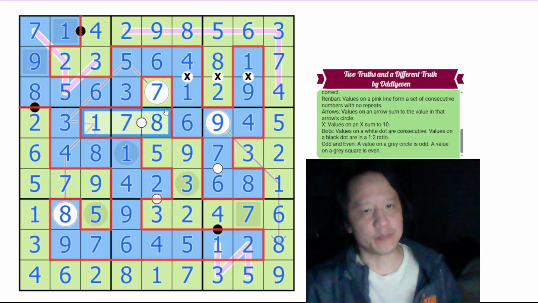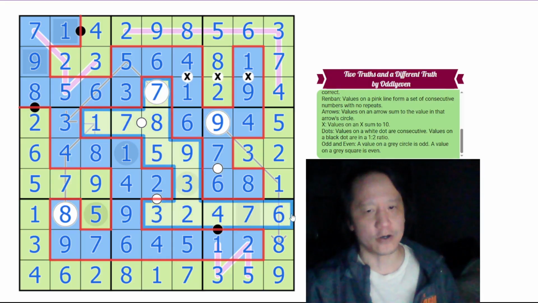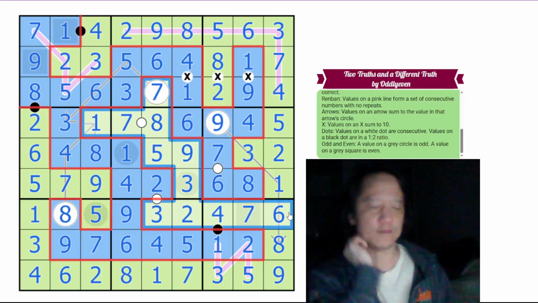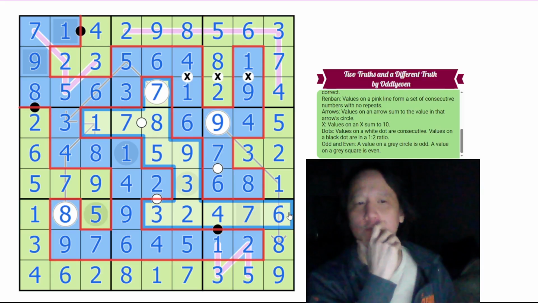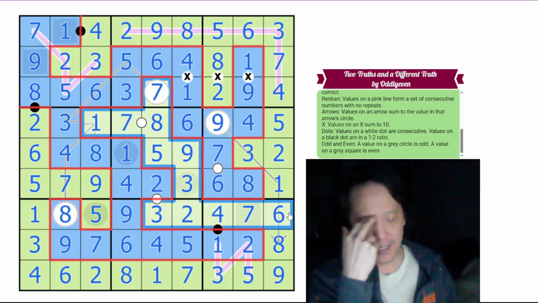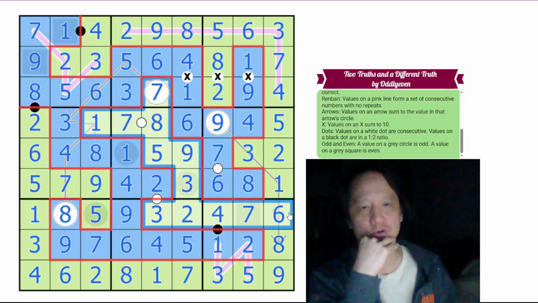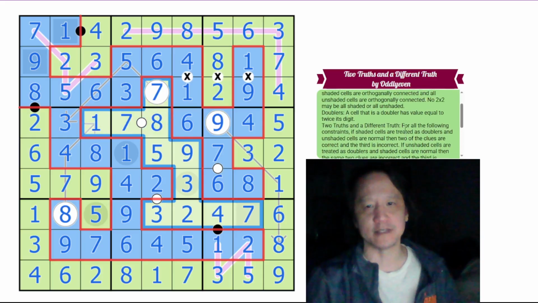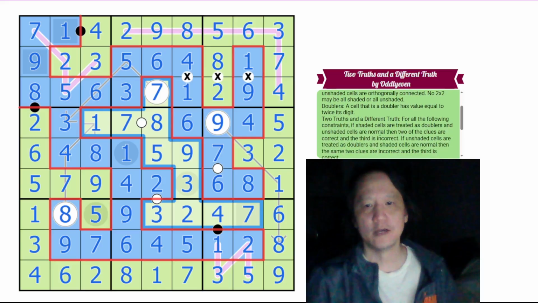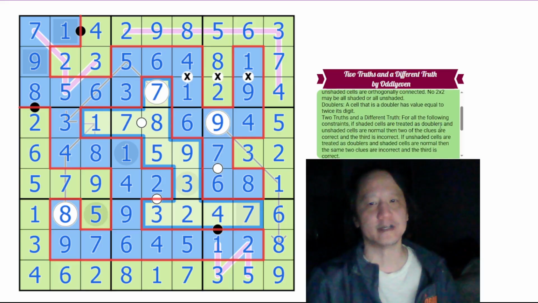Still a pretty hard puzzle, but definitely not as hard as when I originally was going through this and had read it completely wrong, or completely misunderstood the rules. Very cool rule set, actually. I like it a lot. I just wish that it had been changed to "when shaded cells are treated as doublers" instead of "if."